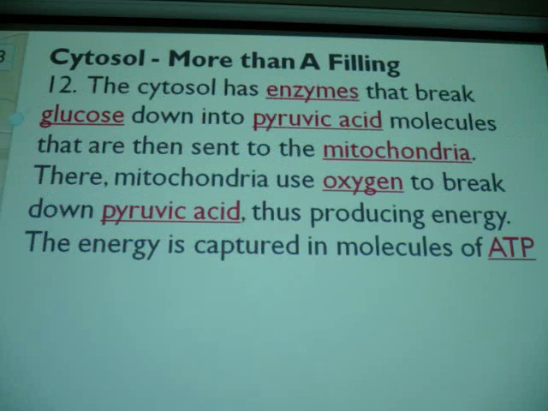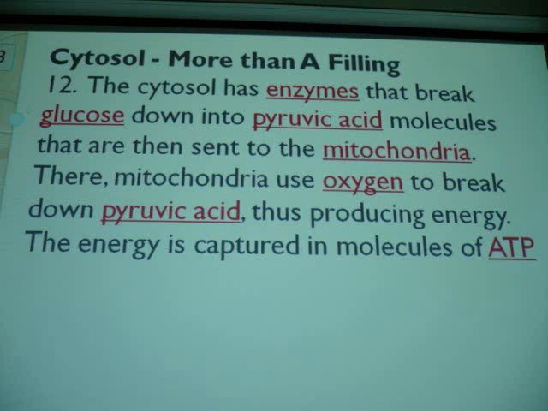Anyway, okay. Here's number 12. And this is just continuing what 11 started. So the enzymes in the cytoplasm rip that glucose into two pieces called pyruvic acid. And then those acids are sent to the mitochondria, where the oxygen you breathe in goes.